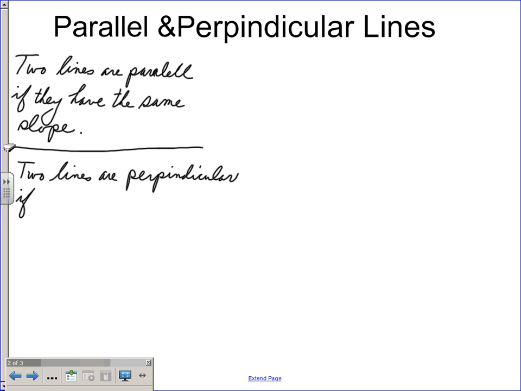Two lines are perpendicular if the slopes are opposite, the sign change, reciprocals of each other.